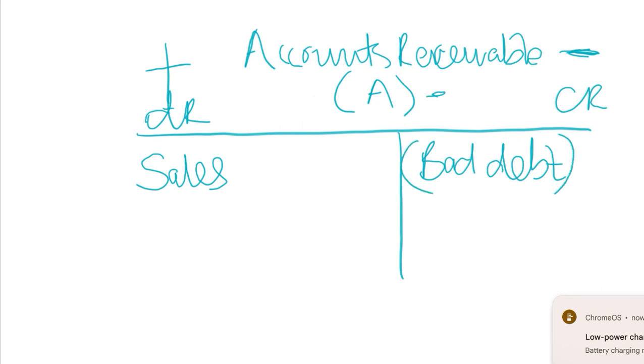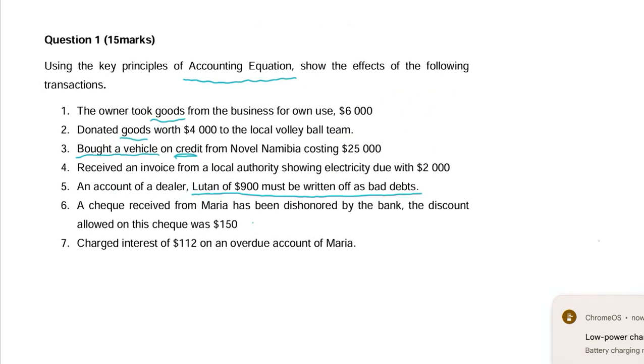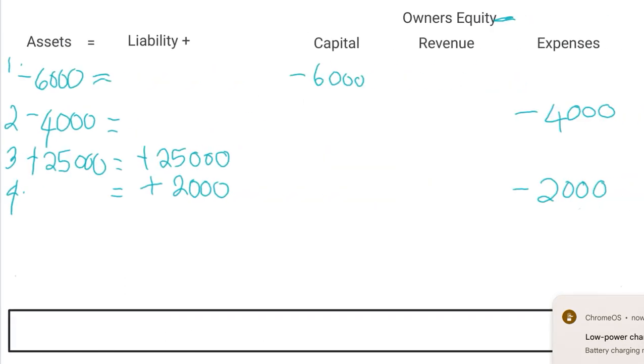Okay, so the way we deal with this is we are going to write it off. It will negatively affect our asset 900. Okay, this is question 5. Minus 900. They owe us less.